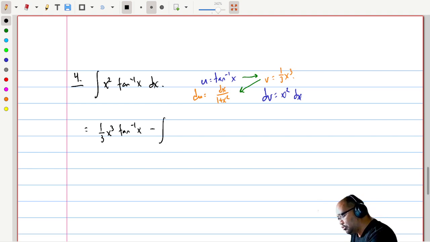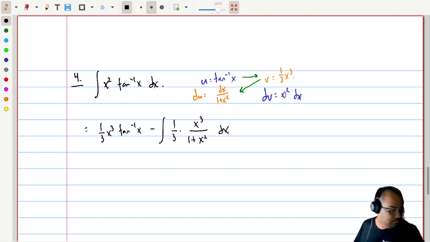Minus the integral of v du, x cubed times x cubed over 1 plus x squared. Okay. We're trying.